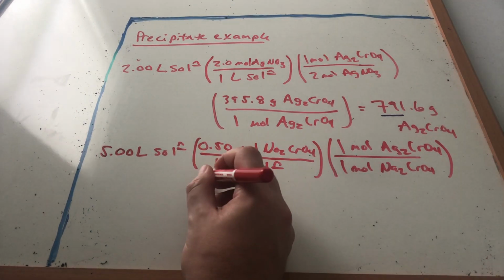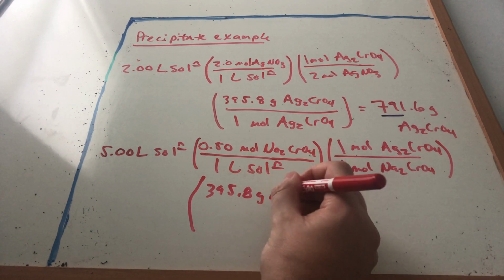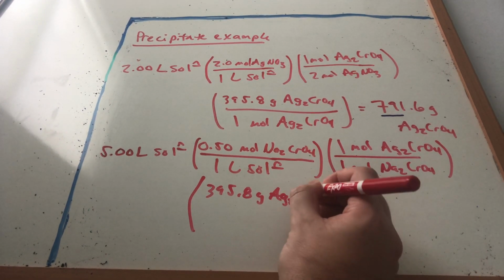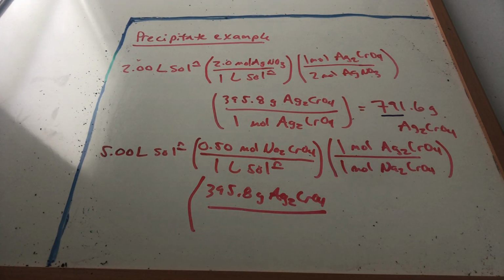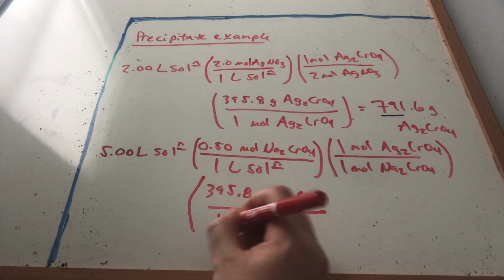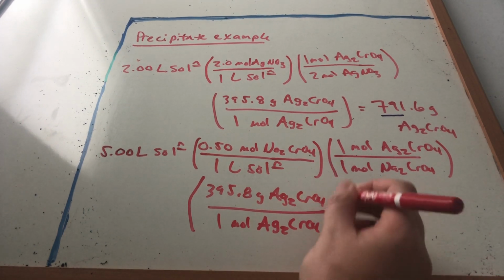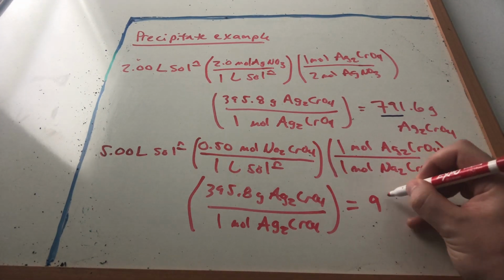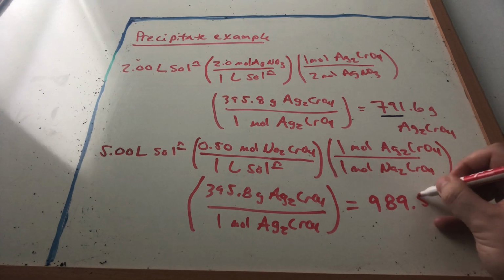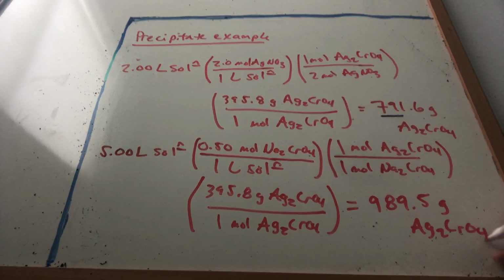And then finally, we can finish it off with our molar mass, which is 395.8 grams of Ag2CrO4 for every 1 mole of Ag2CrO4, right? We can plug this in our calculator, and we get 989.5 grams of Ag2CrO4.